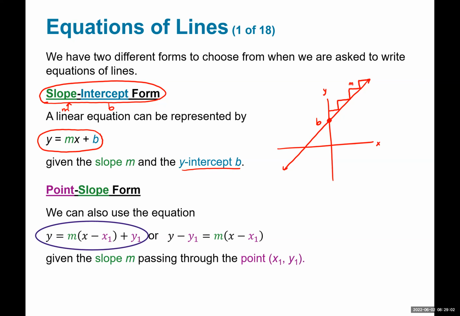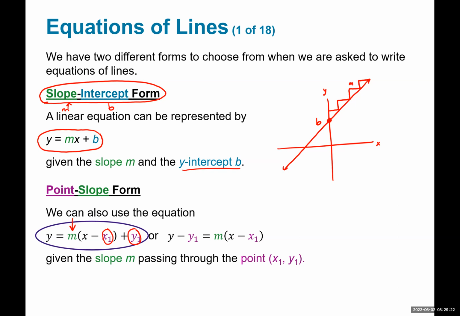The other way, we could write it in point slope form. This one looks a lot more complicated, but it's actually pretty darn simple. All you have to do is have a point, x, y, and the slope, m. You substitute those into the equation, and that is all.